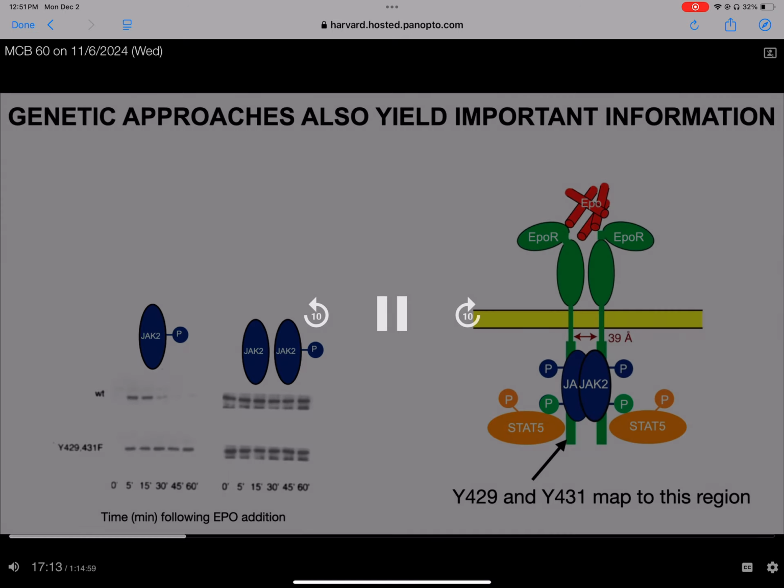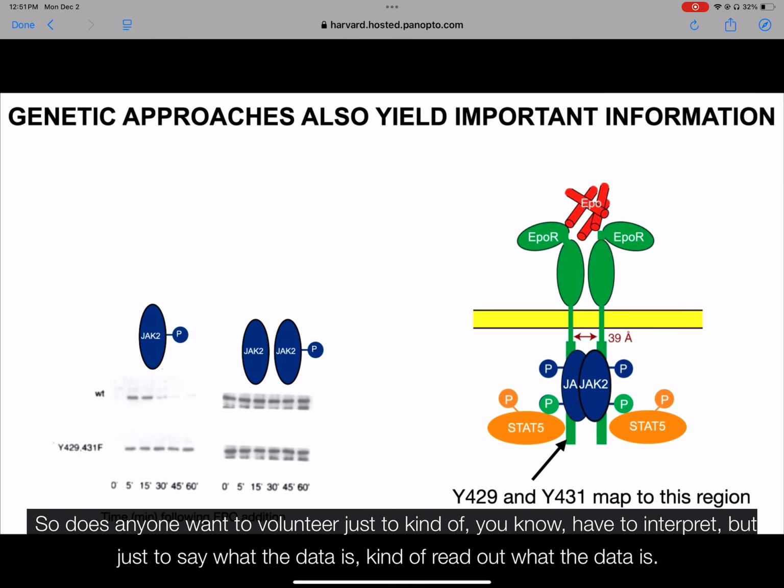So does anyone want to volunteer just to kind of, you don't have to interpret, but just to say what the data is, kind of read out what the data is.